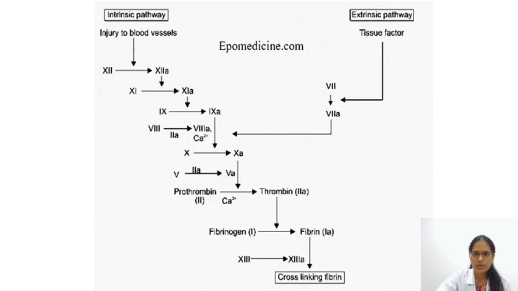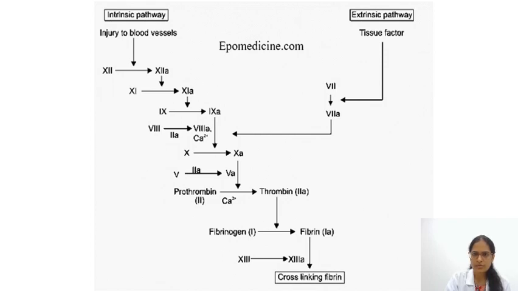So this is a coagulation pathway picture showing the intrinsic pathway and extrinsic pathway. This coagulation pathway gets activated after the primary hemostatic plug response. In the extrinsic pathway, whenever the tissue is disrupted, tissue factor is released, and this tissue factor will activate factor 7 to 7A. 7A is the activated form of factor 7.